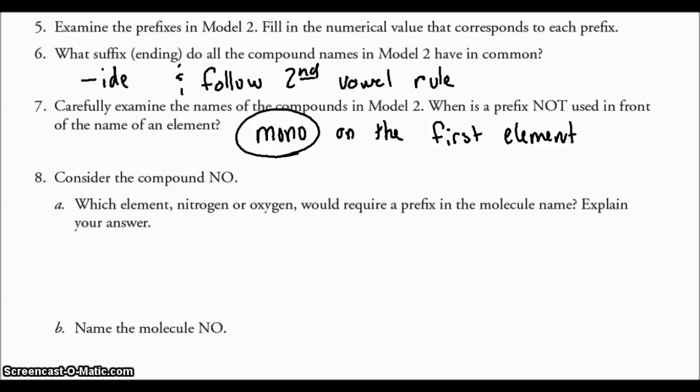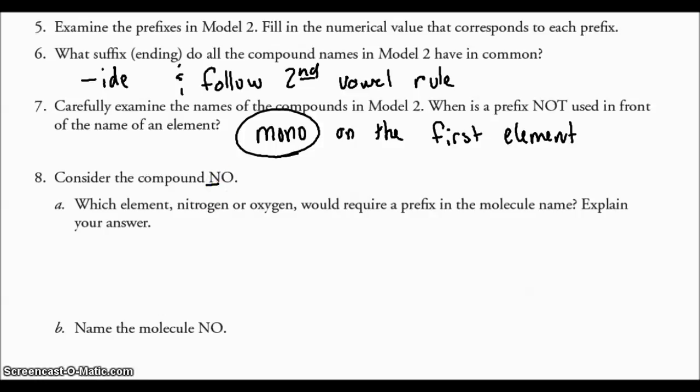It says consider the compound NO. Which element, nitrogen or oxygen, would require a prefix in the molecule name, and explain your answer. And then it says part B, let's name the molecule NO. So we have nitrogen and oxygen. The nitrogen, there's only one of them.